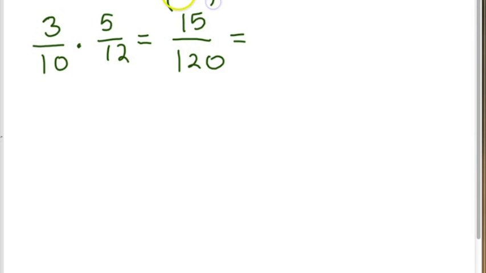I've got 5 times 3, 1 times 15. What gives me 120? 60 times 2. We just did it. 10 times 12. And we can go on, and it's going to take us a long time.